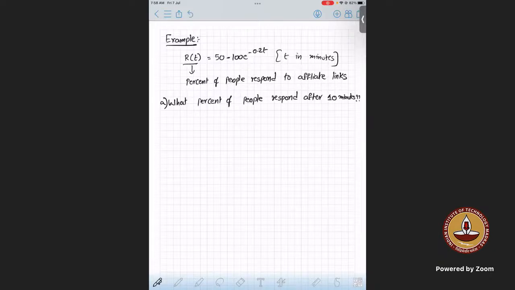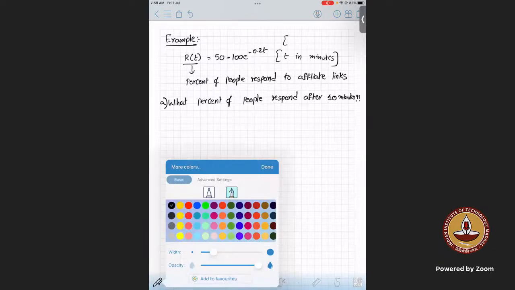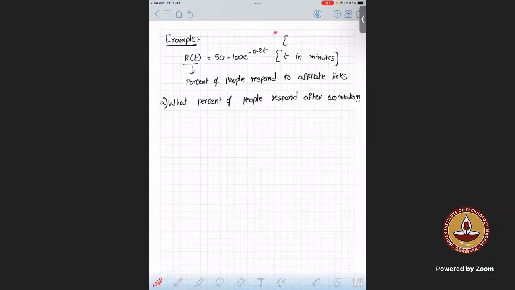If they give t in seconds, for suppose, I am putting it in red mark, please take note of it. If the question is in minutes, you have to convert minutes into seconds. Clear? Are you getting the point? Don't worry, here the t is in minutes.